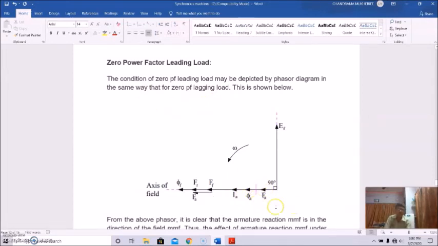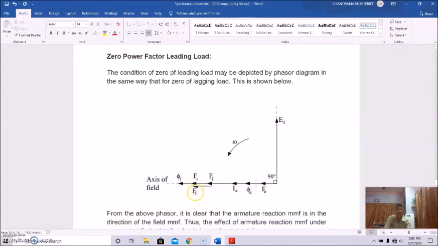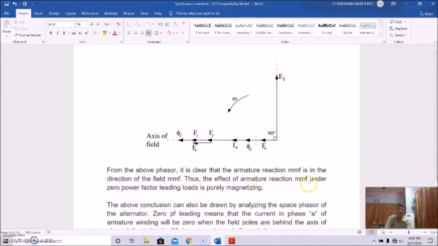This is the armature MMF, and this is the armature flux. As a result, the resultant flux will be this plus this, so it will be enhanced or increased. That is the magnetizing effect. The armature reaction MMF is in the direction of the field MMF, and the effect of the armature reaction MMF under zero power factor leading load is purely magnetizing.